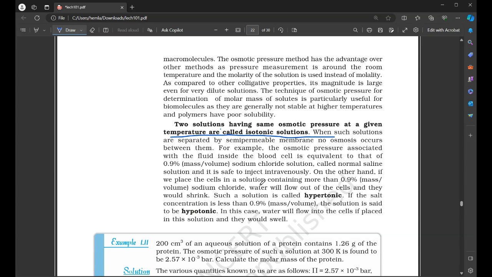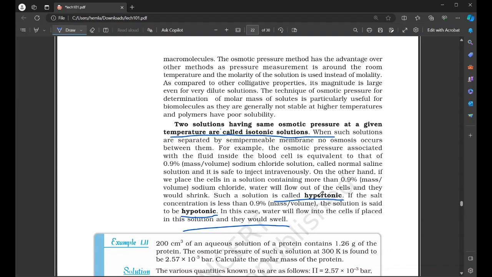On the other hand, if we place cells in a solution containing more than 0.9% mass by volume sodium chloride, water will flow out of the cells and they would shrink. Such a solution is called hypertonic. If the salt concentration is less than 0.9% mass by volume, the solution is called hypotonic. In this case water will flow into the cells and they would swell.